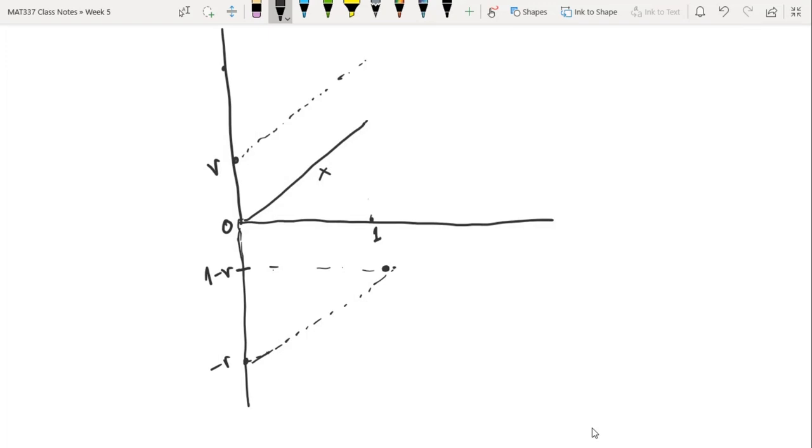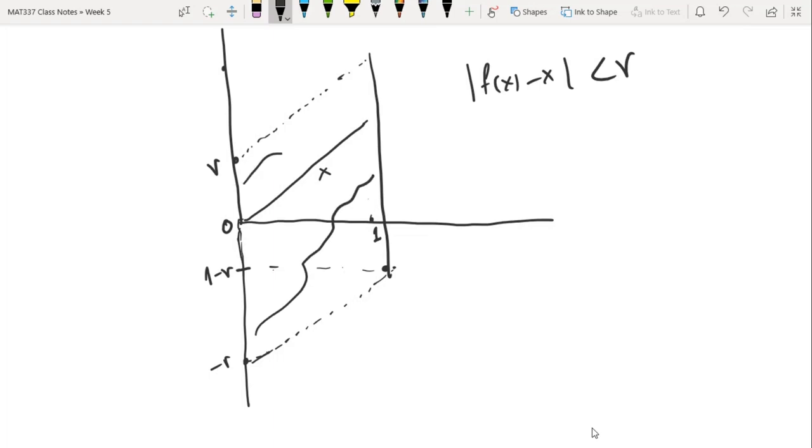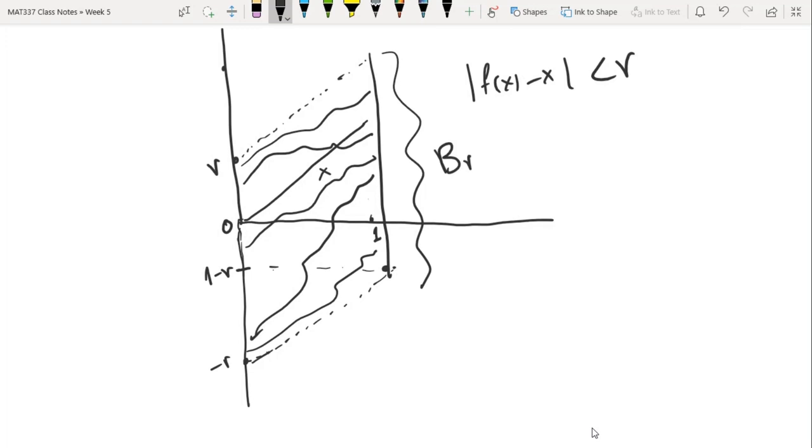So now we're asking to be distance r from x. So all the functions will be inside this tilted ball. Is that okay?